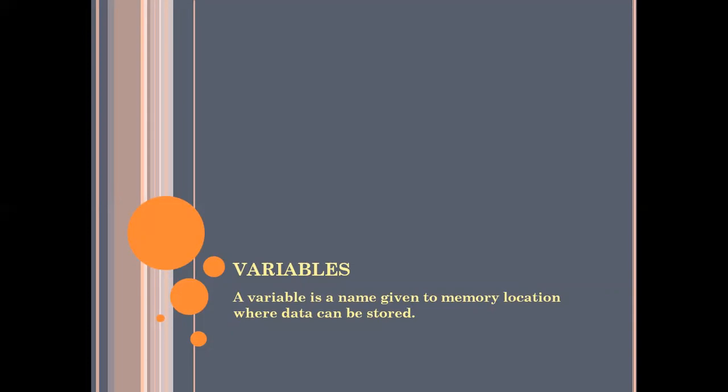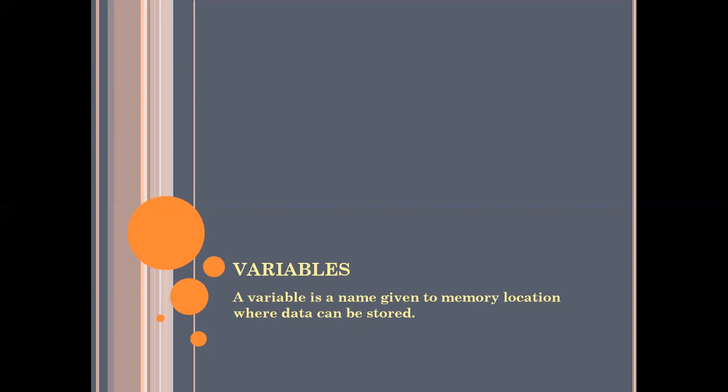Let us talk about variables. A variable is a name given to a memory location where data can be stored.